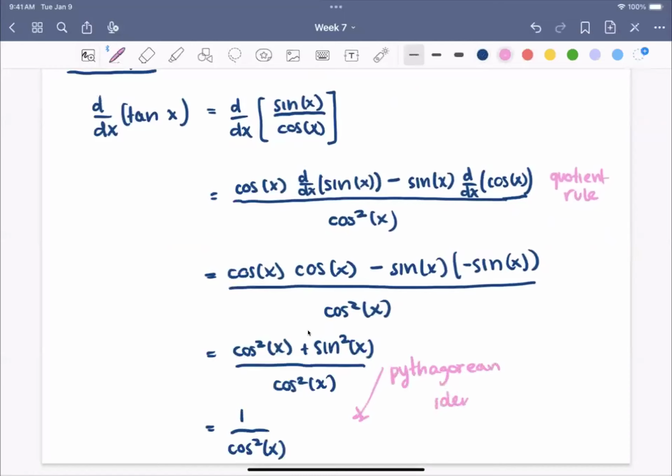And 1 over cosine squared x is the final answer, but people also write, since 1 over cosine x is secant x, secant squared x as the derivative of tan x.